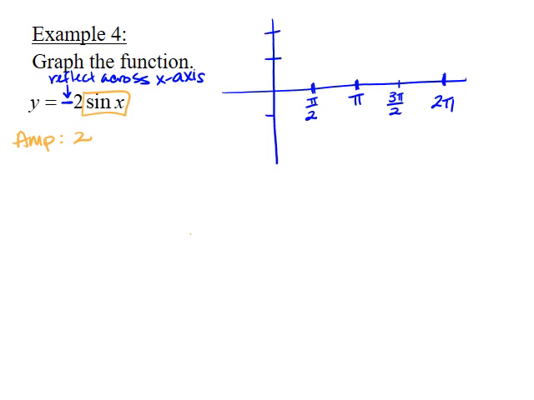My amplitude is 2, so I'm still going to start and end on my baseline, halfway in between. But now, because I'm reflecting across the x-axis, instead of a maximum up here, I'm going to make a minimum first and then the maximum second because we are just reflecting that.